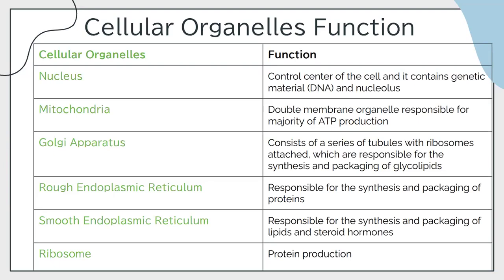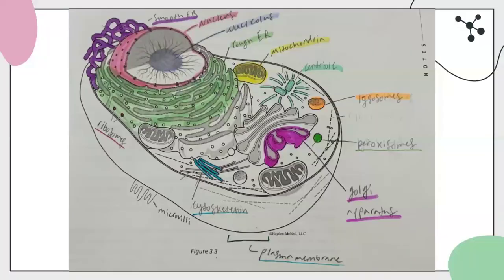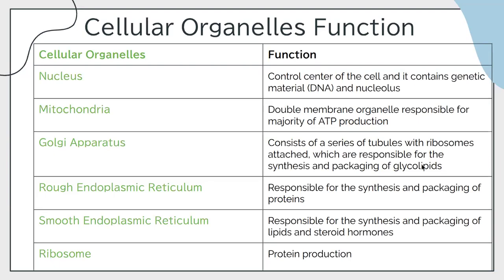So remember how I talked about how it has those vesicles at the end of it? Again, these vesicles are going to pinch off, go to the plasma membrane, and they are transporting those glycolipids that is said in the definition.